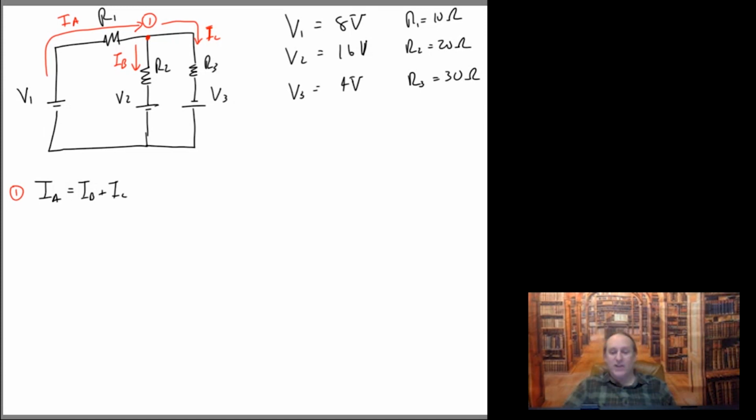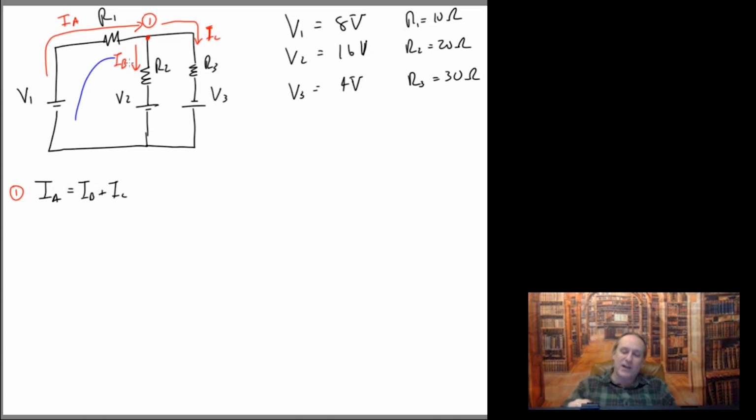Now, our experience tells us that junction 2, the second junction, is going to tell us the same stuff. Okay? That is, it's going to be IB and IC going in and IA going out, but it's going to give me the same equation. So then we'll move to our loops. You can draw them any way you want.